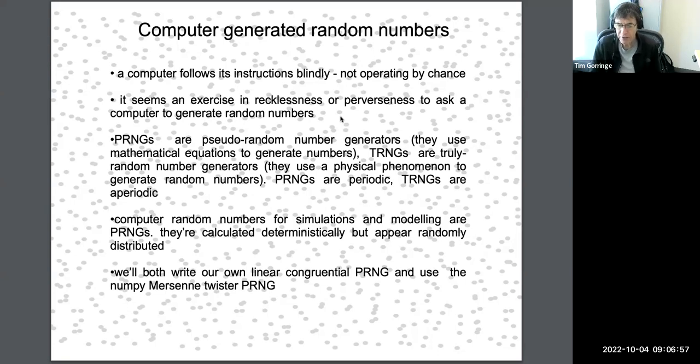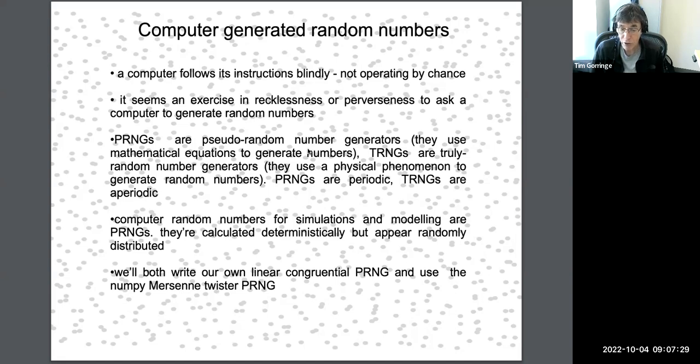Well, there are two terms that you'll see in association with random numbers in computers. One term is pseudo-random number generators, and the other term is true random number generators. Pseudo-random number generators use a mathematical equation to generate the sequence of random numbers.